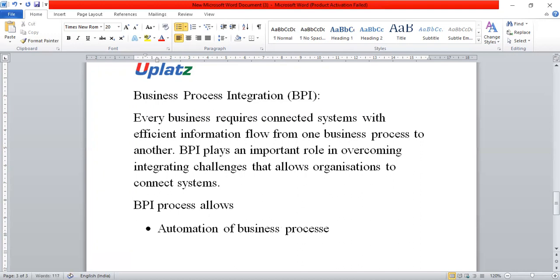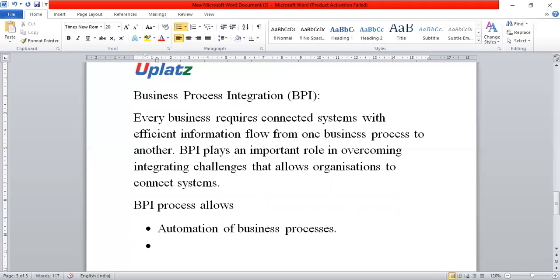So this BPI ensures the organization has automation of business processes. What is automation? It means the information and everything will automatically flow from one department to another department. So among different business processes, there will be free flow of coordination, automatic coordination. That will be ensured by this BPI, business process integration.